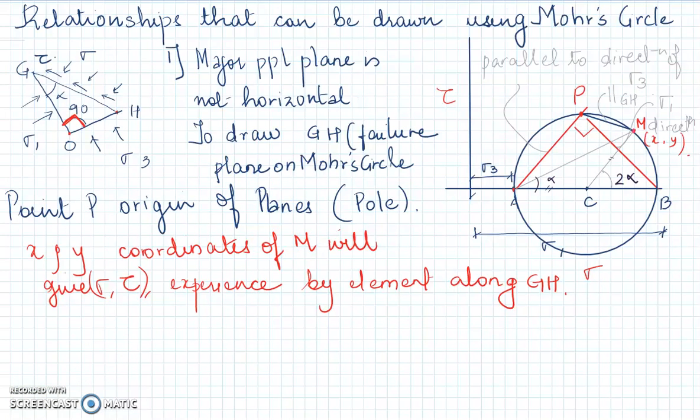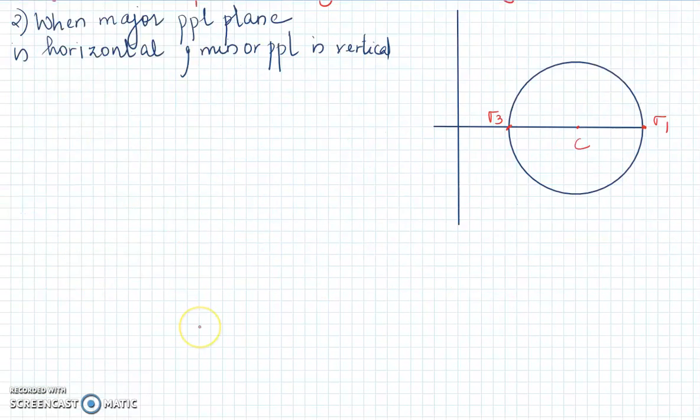Then how will my Mohr circle look? So how will you modify the Mohr circle for this case, when the sigma 1 plane is horizontal, the stress is acting in vertical direction, and the minor principal plane, sigma 3, is vertical and the stress is horizontal? Are you understanding? I hope I'm not confusing here.